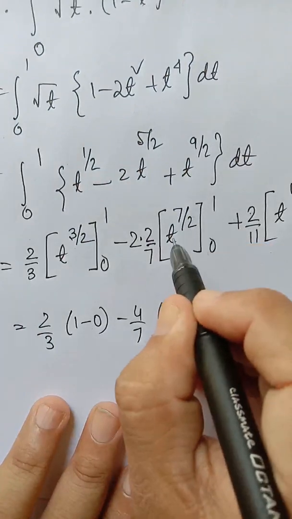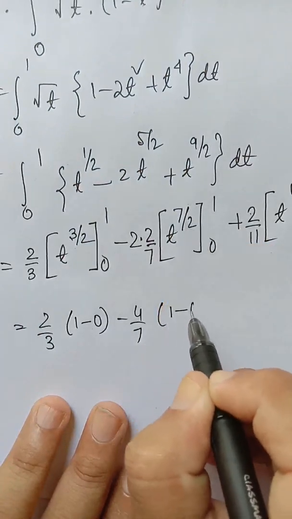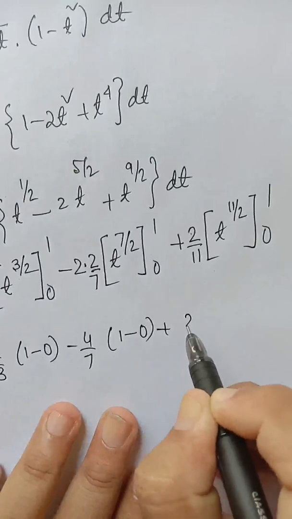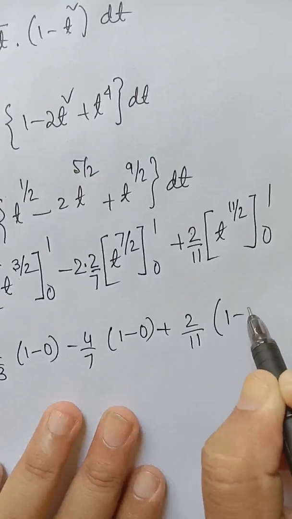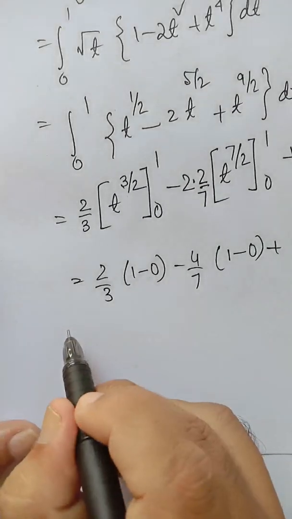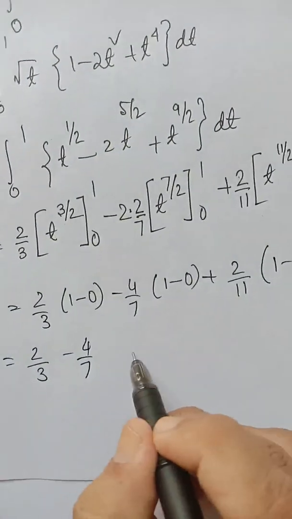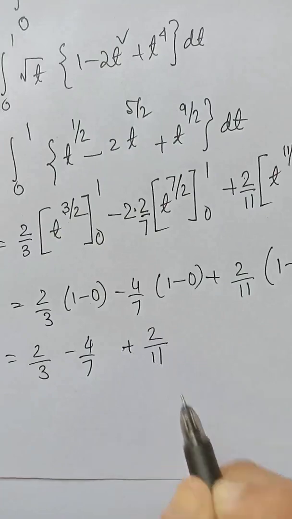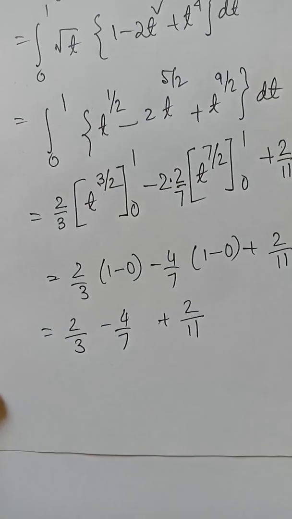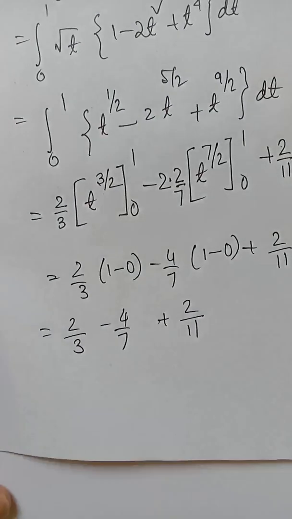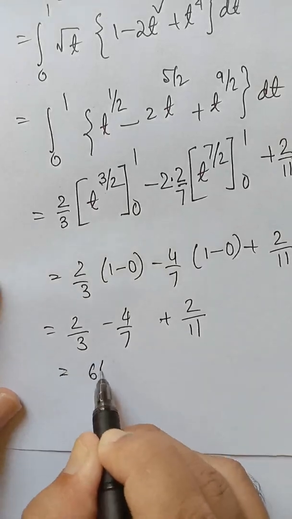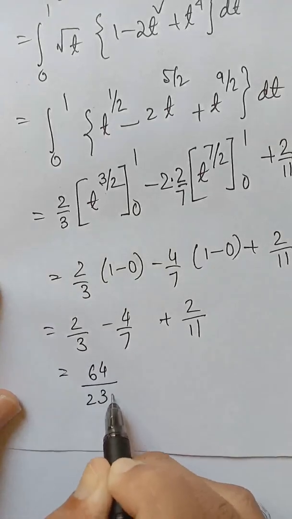If we put t equal to 1, 1 to the power 7 by 2 is 1 minus 0 plus 2 by 11, 1 minus 0. So ultimately 2 by 3 minus 4 by 7 plus 2 by 11. Taking LCM and simplifying, we get the value of the integral as 64 by 231.